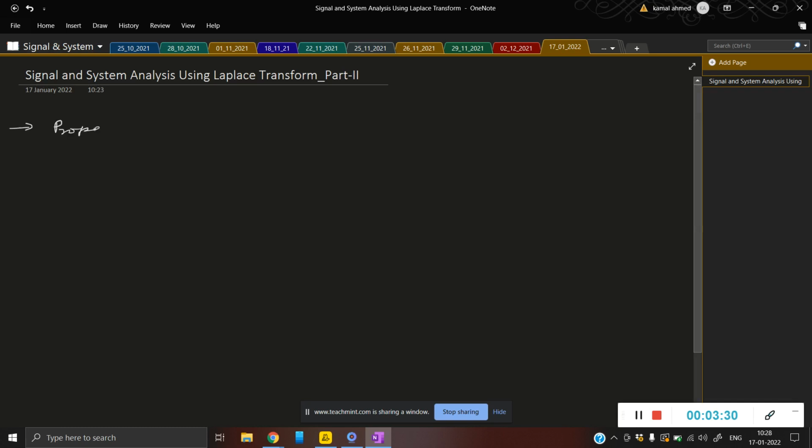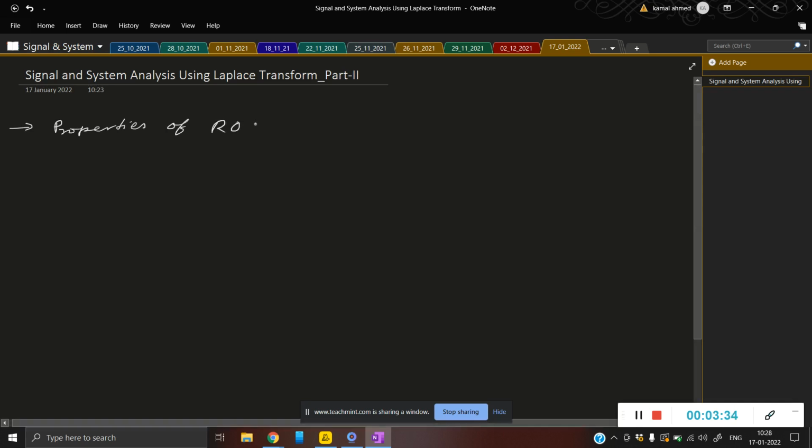Properties of ROC in Laplace transform. First of all, property 1.